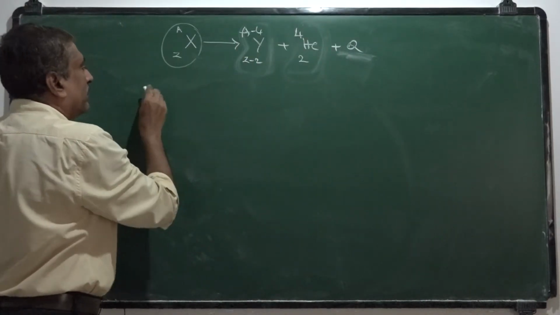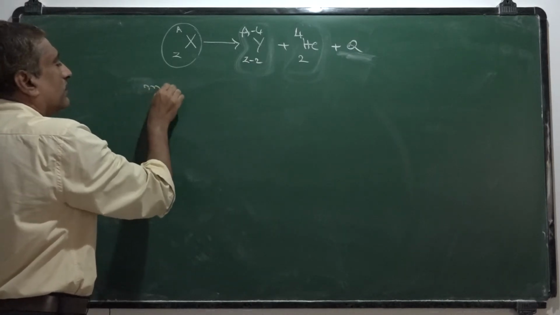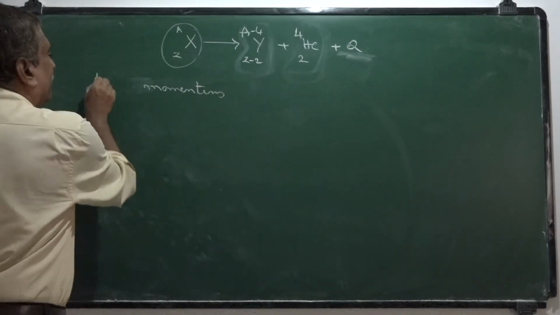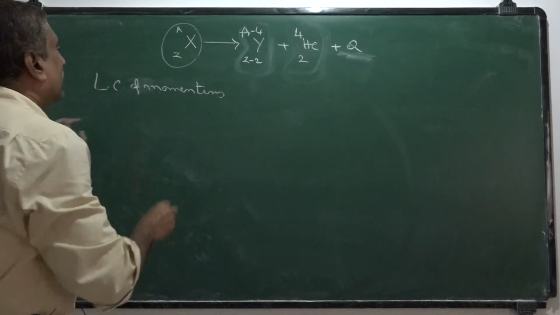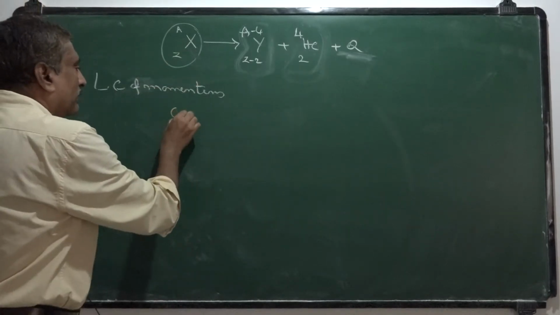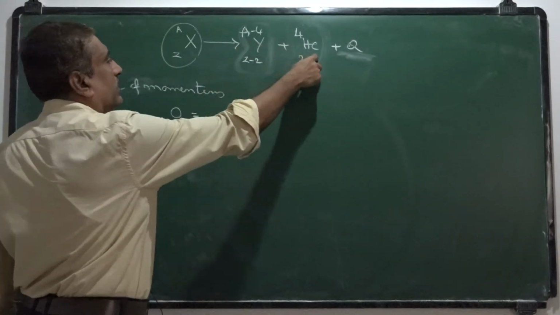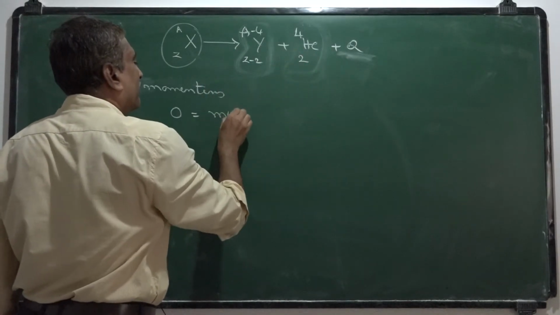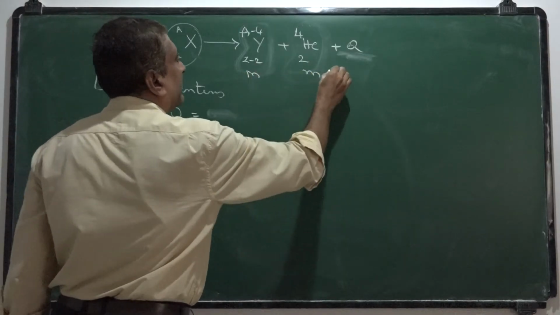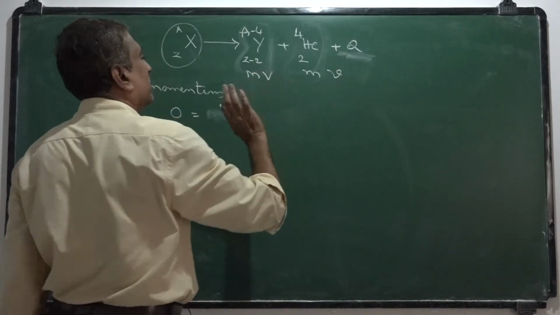So first we apply the law of conservation of momentum. Initially the parent is at rest, so momentum before emission is 0. Momentum after emission is this one. So the mass of Y we take as capital M and the alpha particle as small m, and the velocity of the daughter as capital V and the alpha particle as small v. Assume like that.